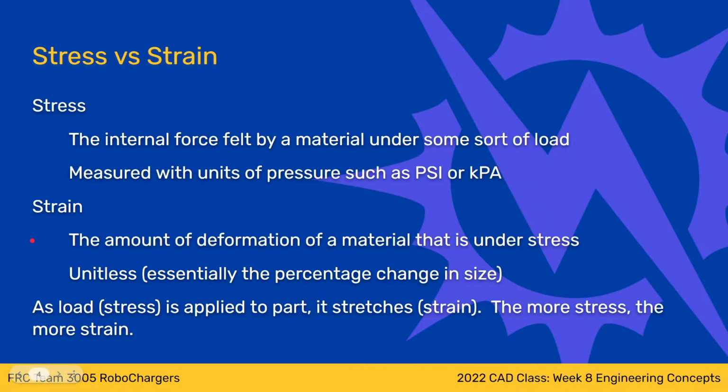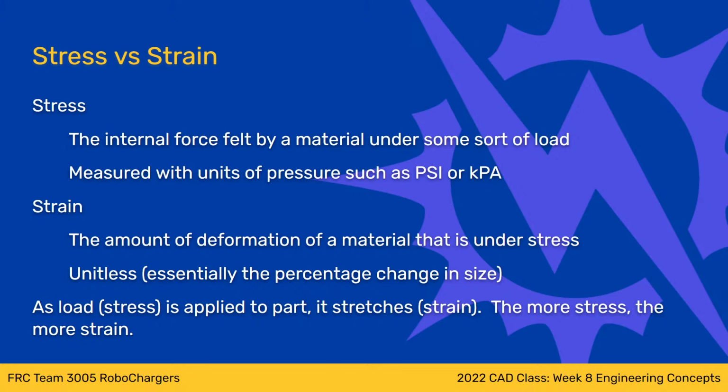Now, strain is basically the amount that a piece of material moves when it's under stress. So when you're looking at materials like steel, and you apply some load to the steel, it may feel like that piece of steel does not move. But in reality, that's not true.